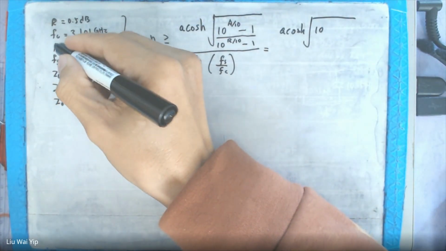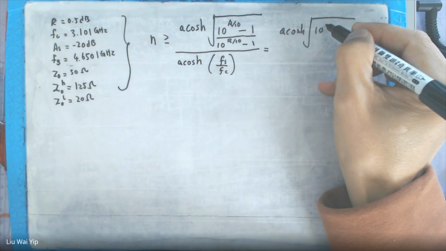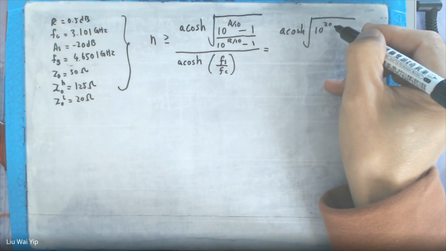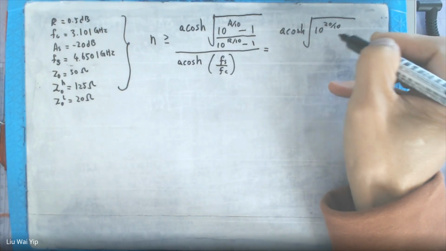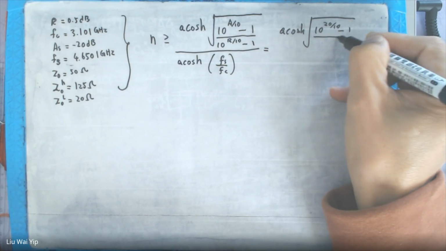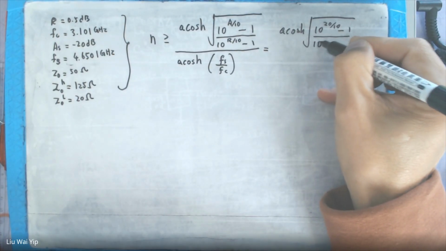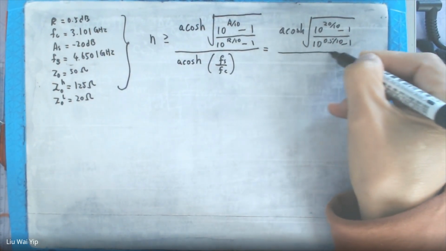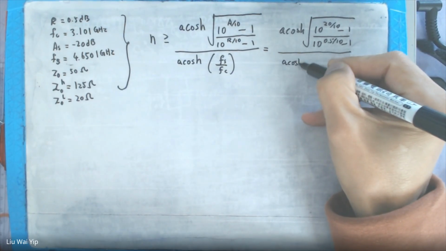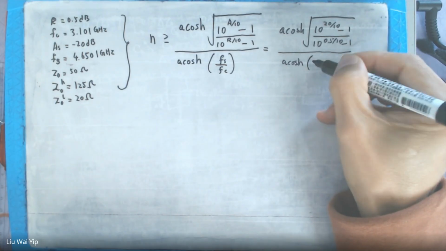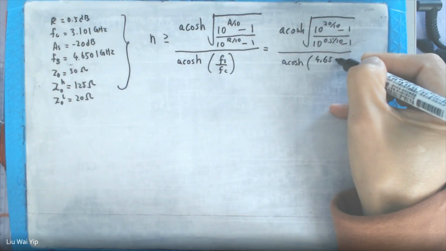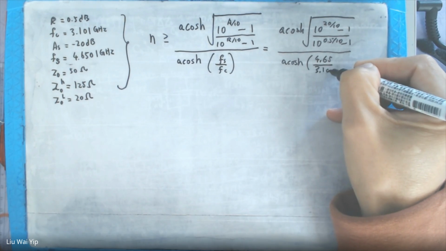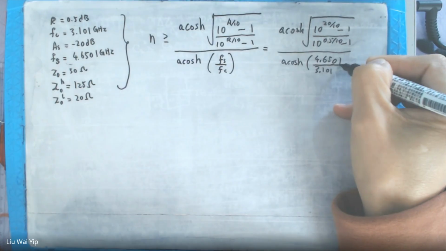A is the stop band attenuation, so minus 20, which is 20, and then 10 to the power of 20 over 10 minus 1, and then 10 to the power of 0.5 over 10 minus 1, arccosh of 4.65 divided by 3.101. Yeah, make it more accurate.